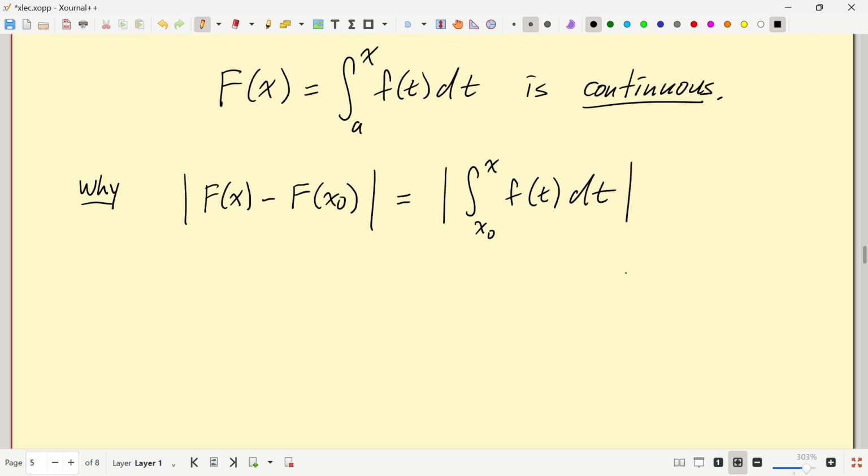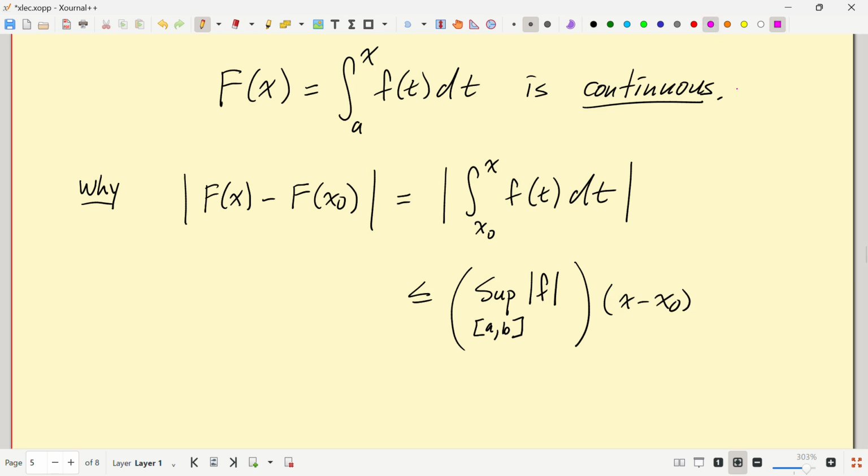And so this would be less than or equal to the max, or the sup, of the f on the whole interval times x minus x naught.